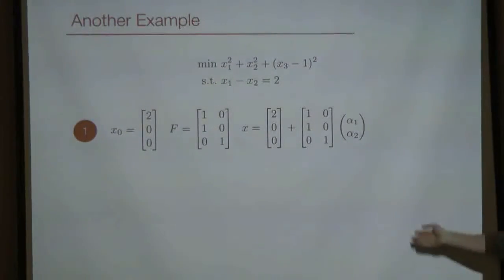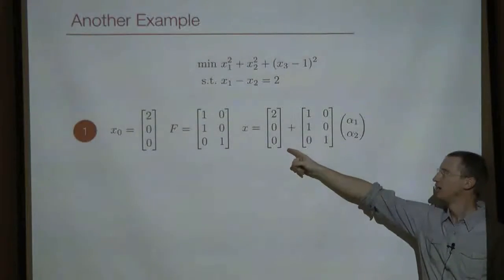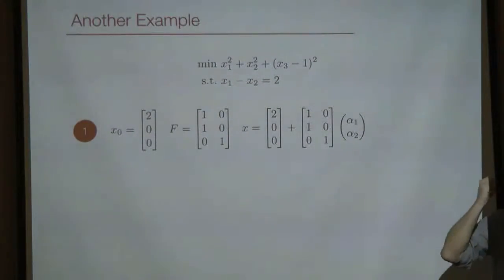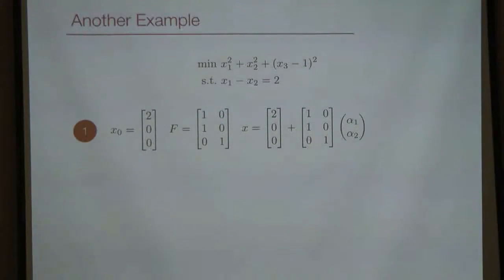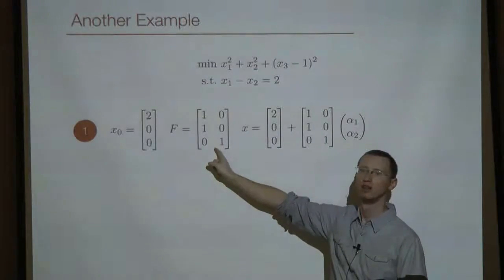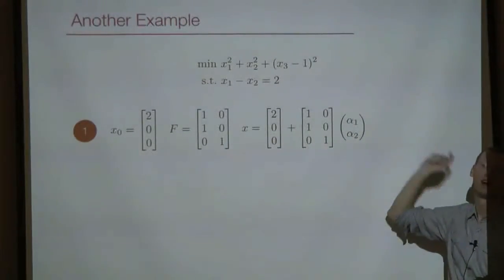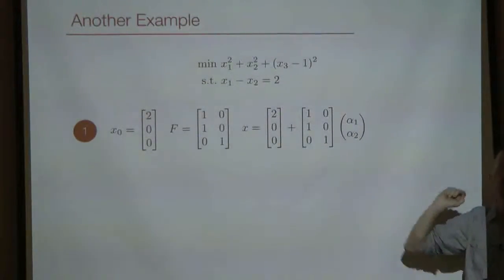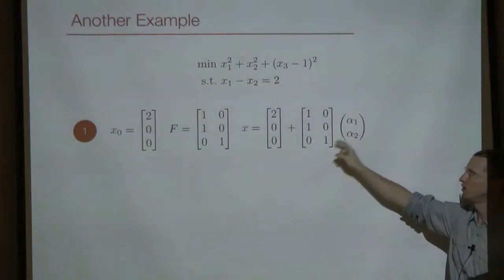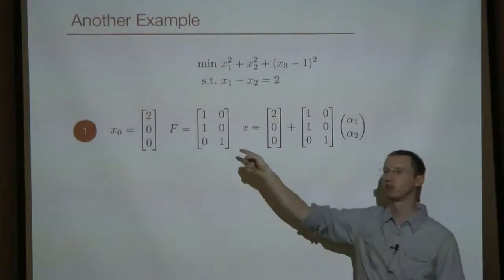And we can do the same thing as before. Okay? Meaning we parameterize X as the particular solution plus the null space, but here is what I want you to stress. We have now 2 null vectors, therefore we need 2 alphas here, not just 1 but 2. Okay? So the number of optimization variables is always equal to the number of columns of the null space.